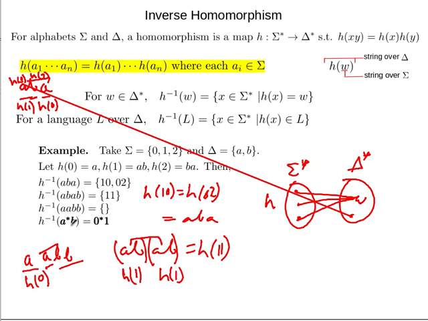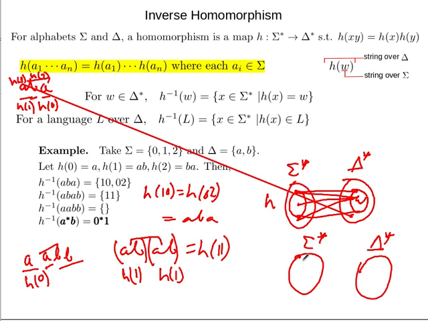Okay. So similarly here, instead of a single string, you can consider a language here, and you can consider the inverse image here. So that will be a bunch of strings. And what is the inverse image? It's the set of all x's here which map to this L. So again, just to be very clear, here we have sigma star, here we have delta star, and you are talking about a mapping.